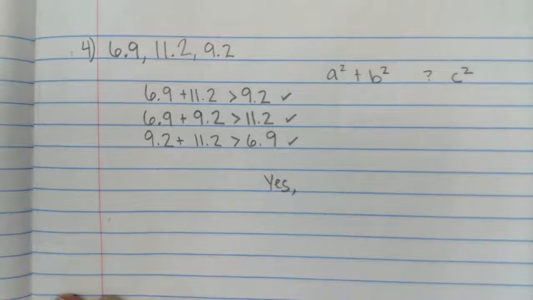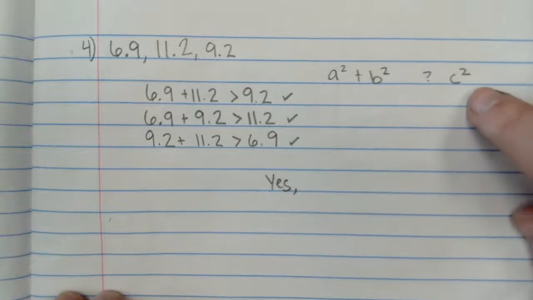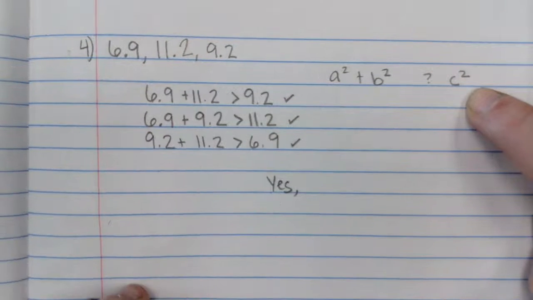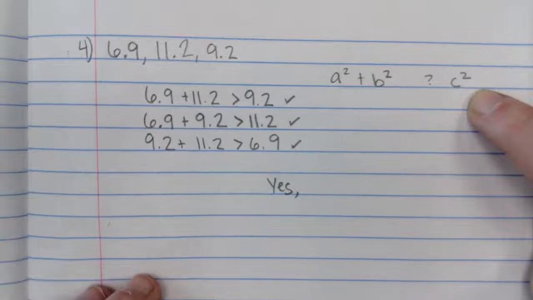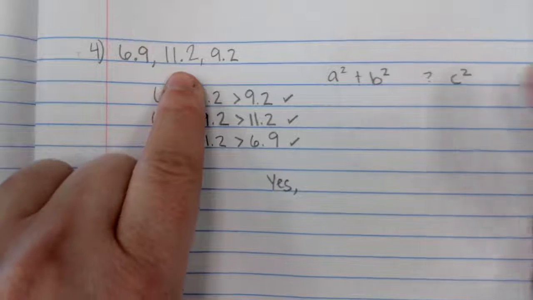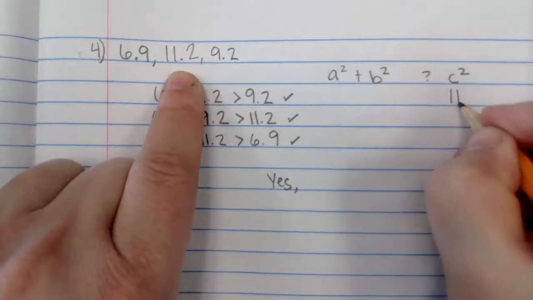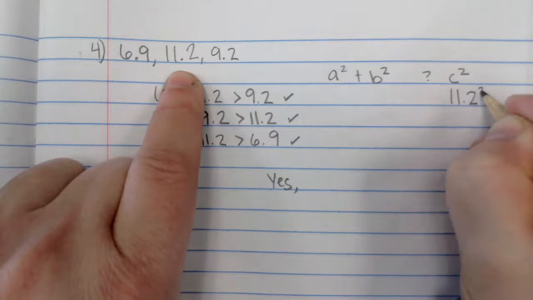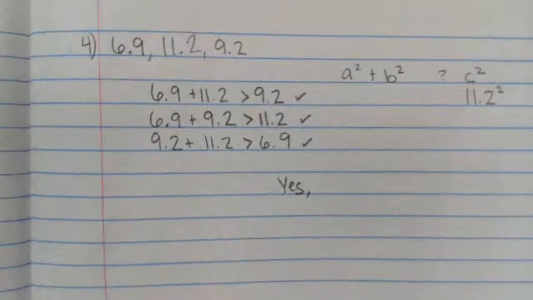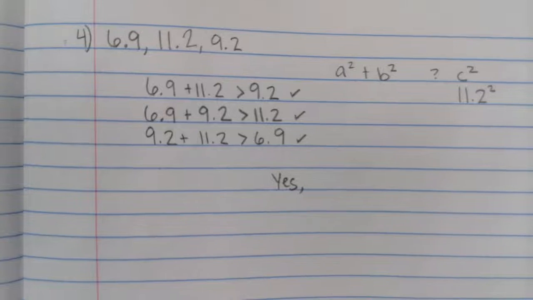Why does it have to be 11.2? It's the longest side, the greatest number. C has to be the longest side. The other ones, it doesn't matter which one is which. So C is not always last. Some people look and they're like, oh, 9.2 is last, that's the C. But C has to be the biggest number.